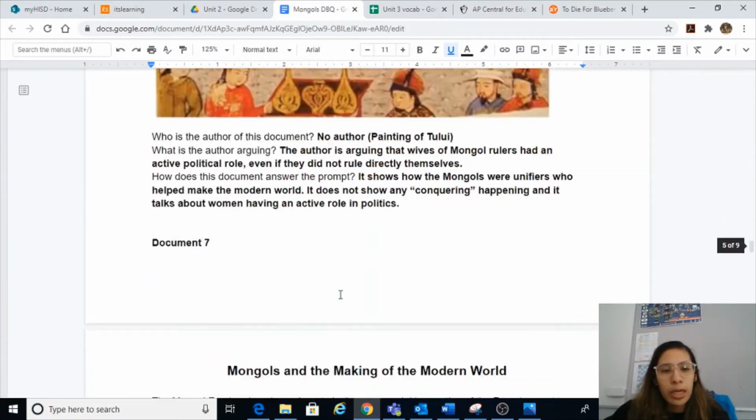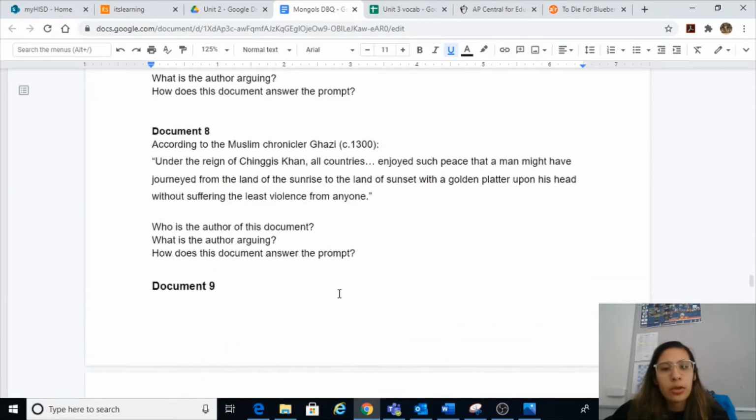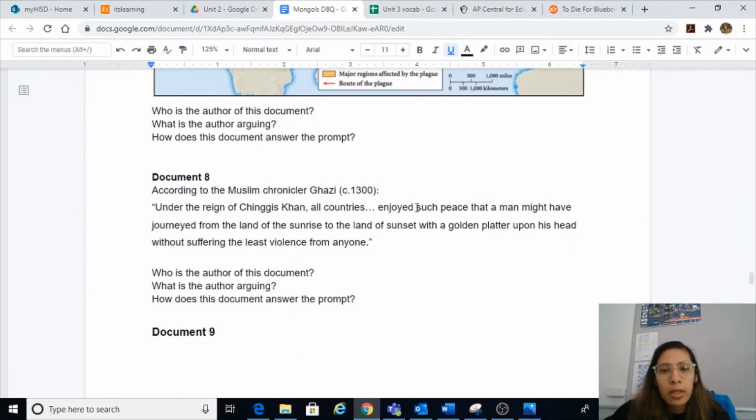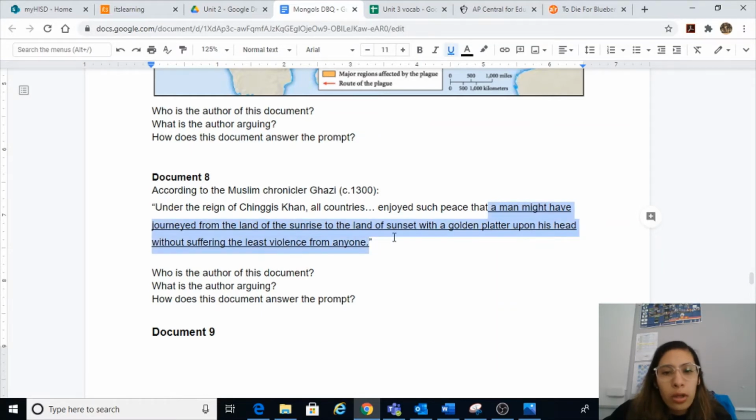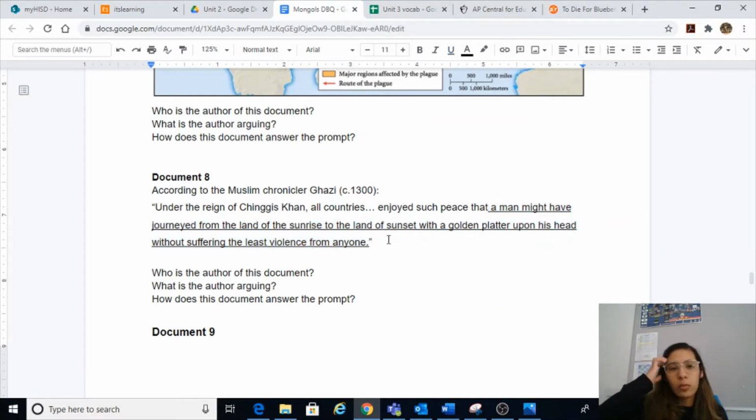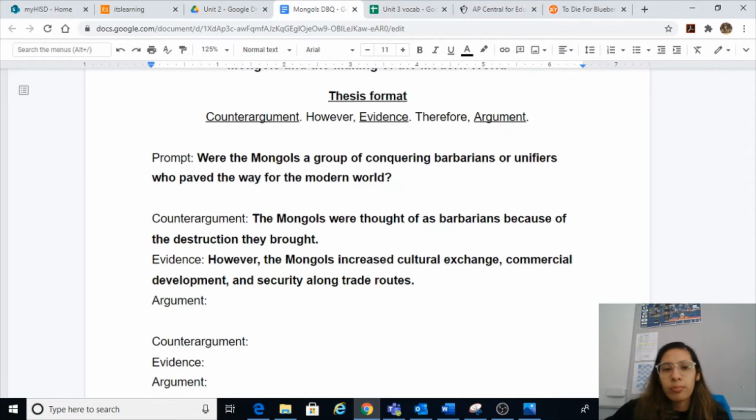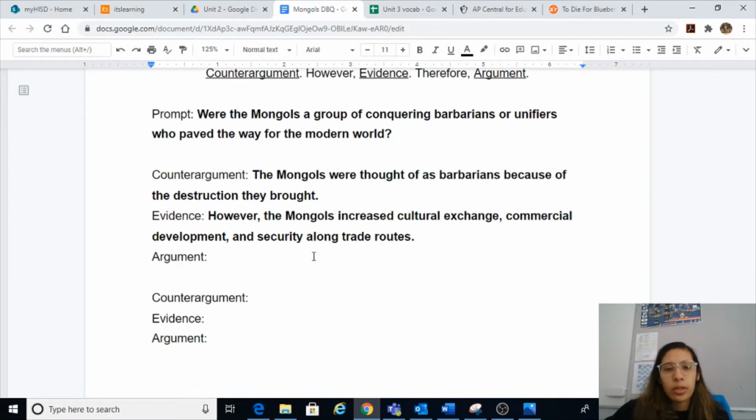And document 8 also touches on this security along the trade routes, that a man might have traveled with a gold platter upon his head without suffering the least violence from anyone. So that goes into the increased security.